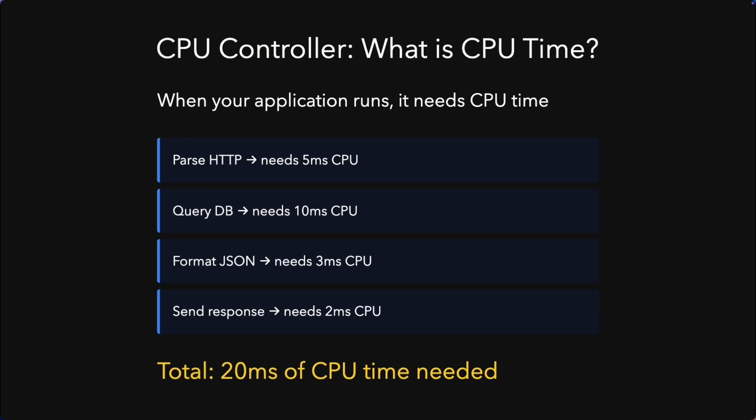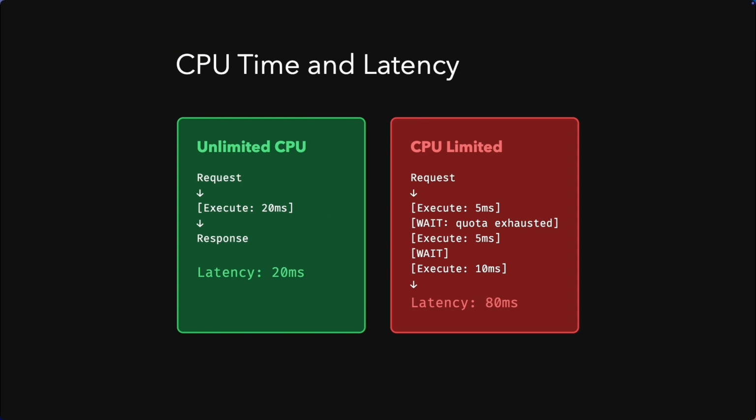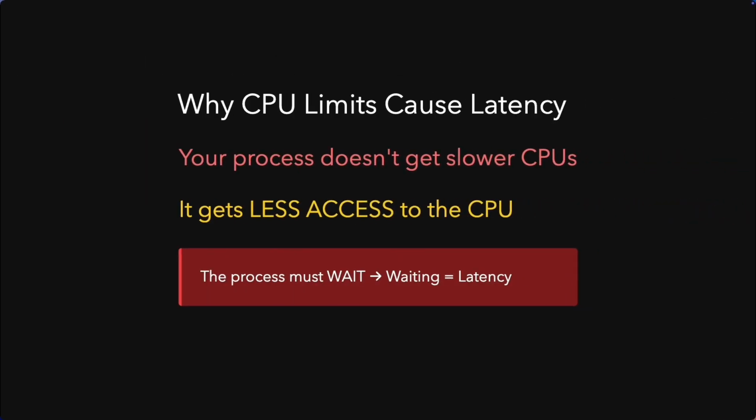If the process gets CPU time immediately when it needs it, the request completes in 20 milliseconds. But what if CPU time is limited or delayed? This is the core problem. When cgroups limit CPU, your process doesn't get slower CPUs, it gets less access to the CPU. It must wait, and waiting equals latency.